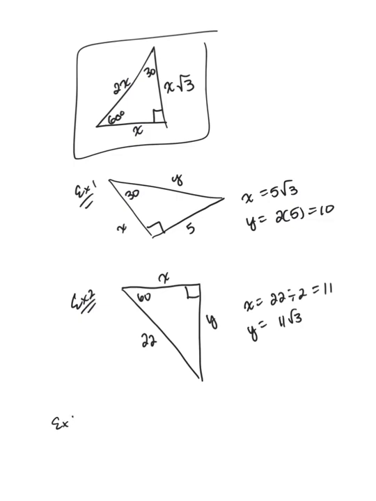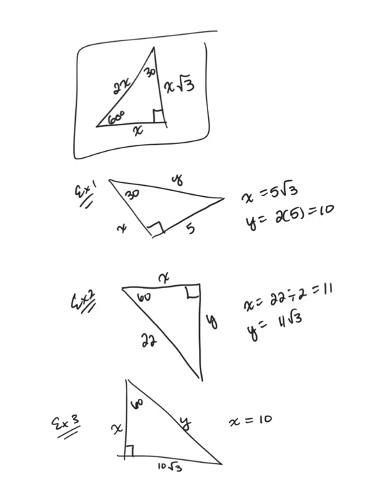Okay, example 3. Let's say we start with the side across from 60. So let's say that side is 10 rad 3. And then we call this x and y. Okay, so the side across from 30 is just going to be 10.